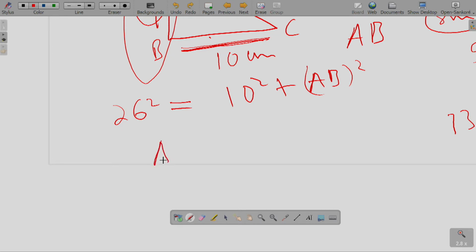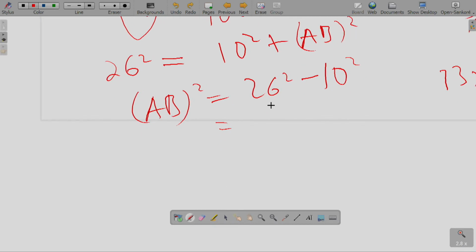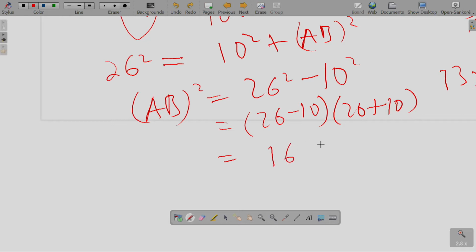So here length AB square is equal to 26 square minus 10 square. Here let's use difference of two squares, 26 minus 10 and 26 plus 10. So here you get 16 and here you get 36.